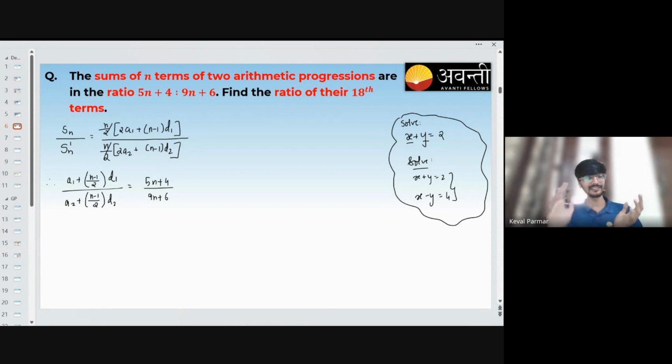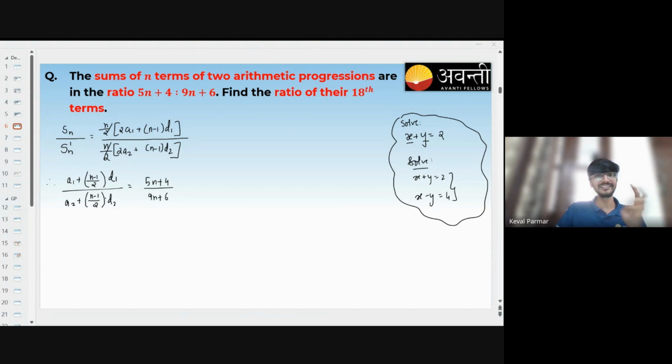So always in a sum, what should my main aim be? My main aim should be to get A and D first. And to get A and D, I'll require minimum two equations. Why? Because A and D are two variables, and I have to have two equations to solve to get A and D, as we saw here. Got it?